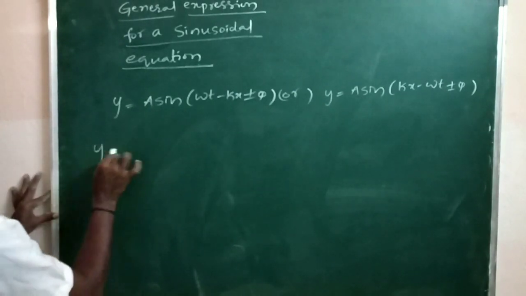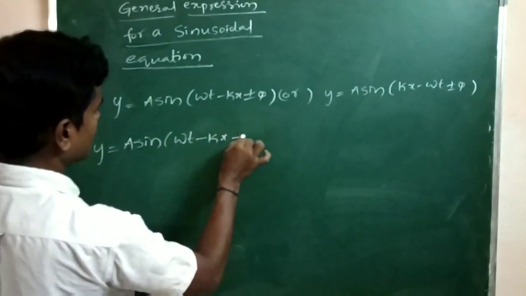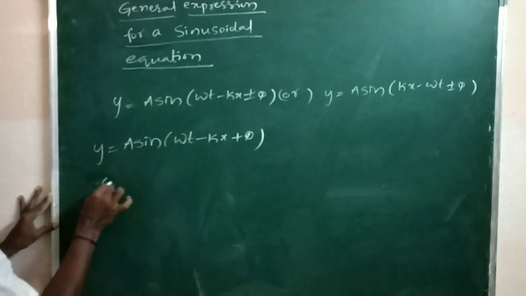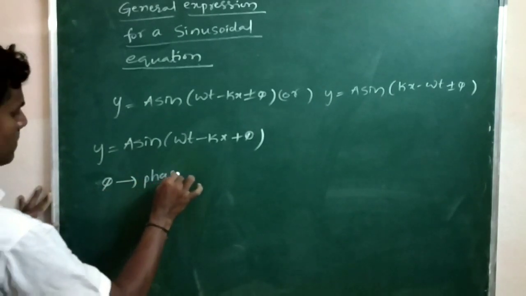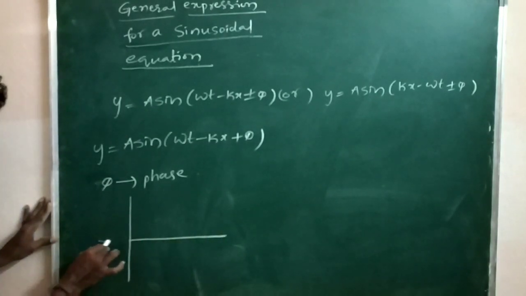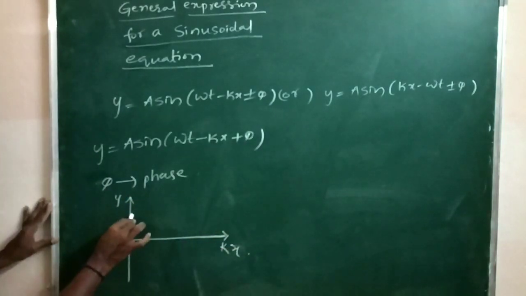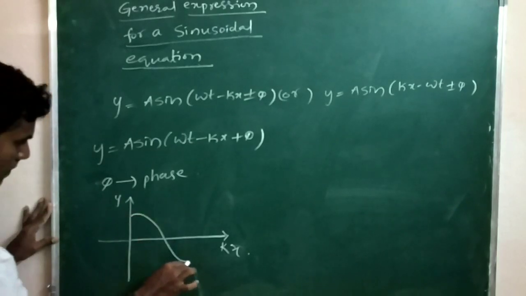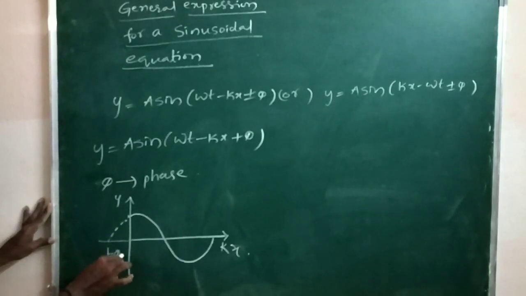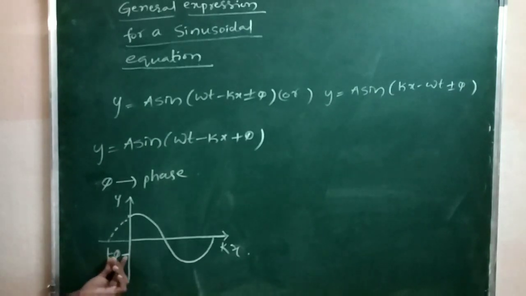If we take y is equal to a sine omega t minus kx plus pi, where pi is the phase, this is y, here is kx, and from here to here the path is taken as phase.